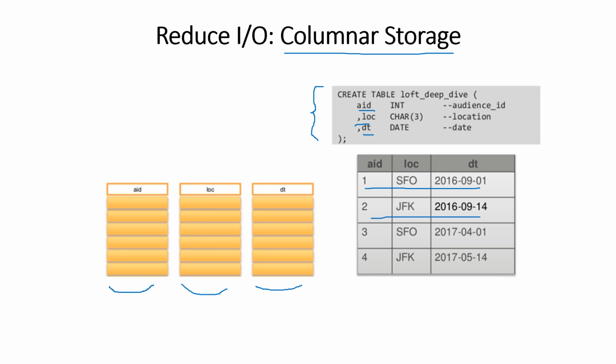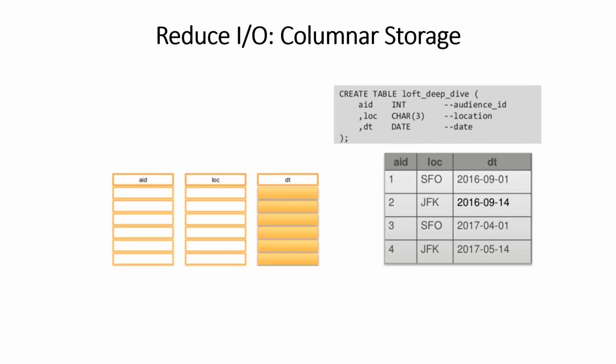An added advantage is that a columnar structure enables much better compression. Another benefit of columnar storage is that when we're retrieving data, for example only the date column, only the blocks for the relevant column get scanned, which results in fewer IOs.